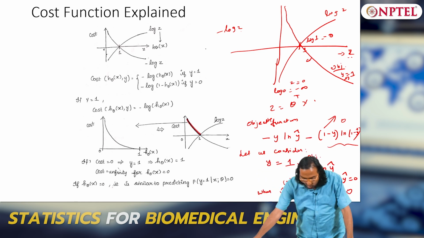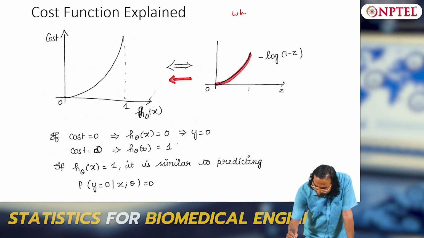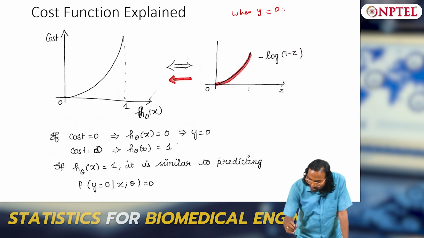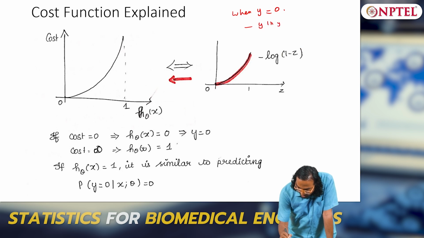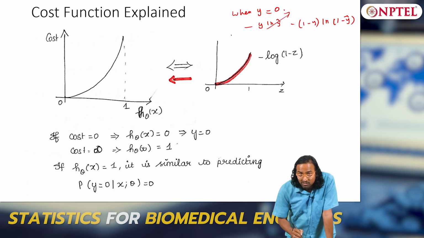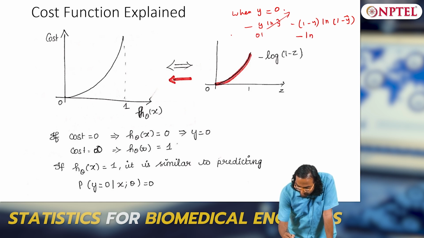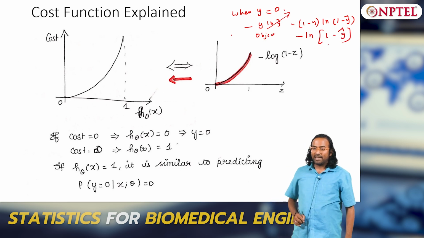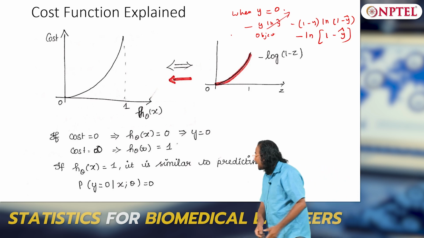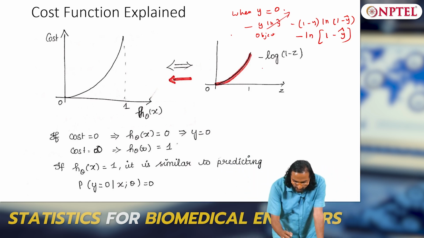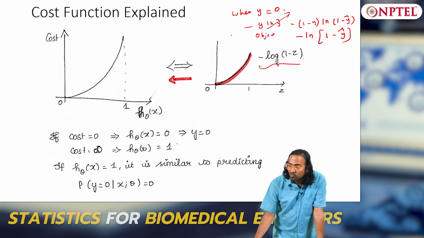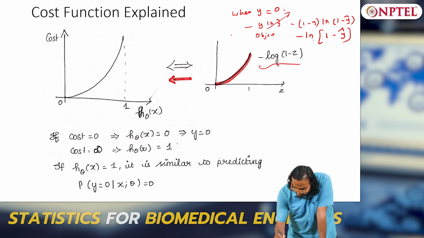Now assume a case where y equals 0. My cost function is again minus y ln y hat minus (1 minus y) ln(1 minus y hat). When y equals 0, the first part goes to 0, so my objective function is minus ln(1 minus y hat), and this is its graph.